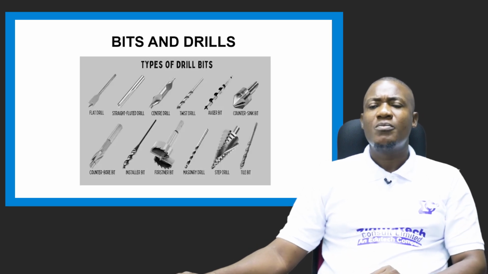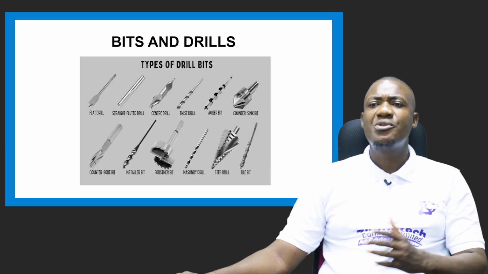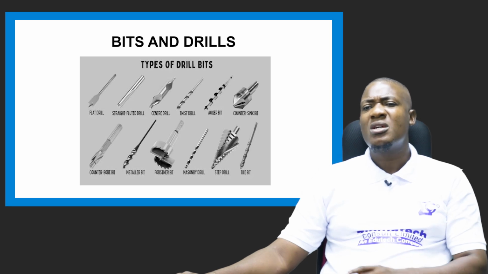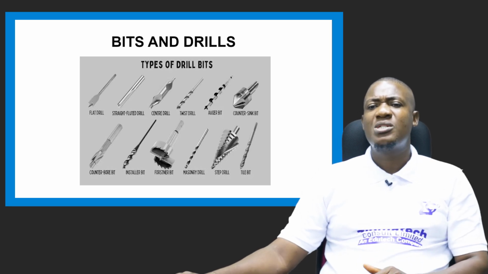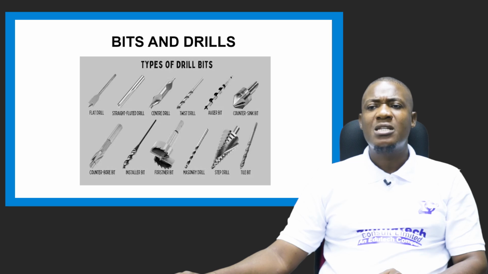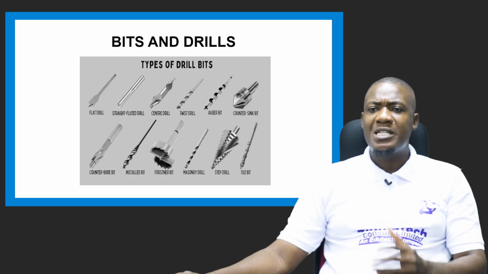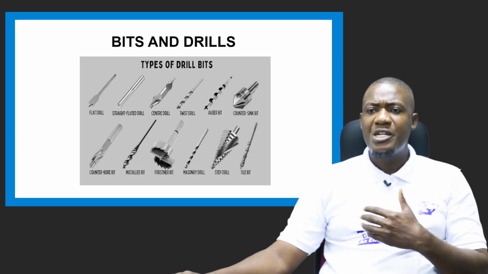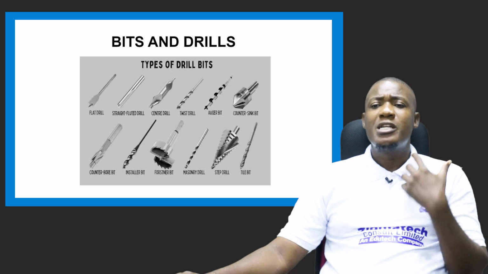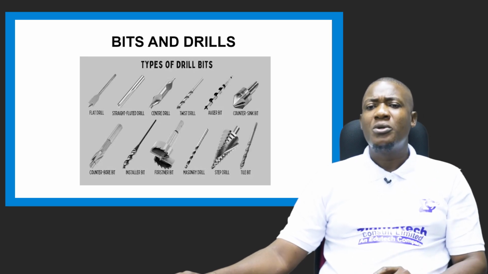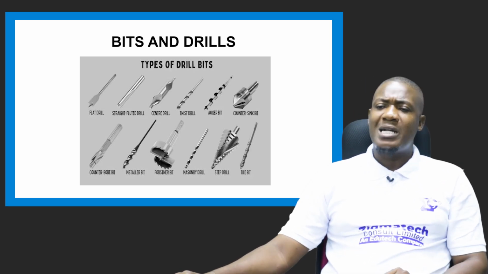So they are all boring tools. We have the bits and the drills for different functions, different types of bits. Like we'll see, we have the countersunk bit, the auger bit, the flat drills, the central drill, and the twist drill. The twist drill is very common with the ratchet brace.